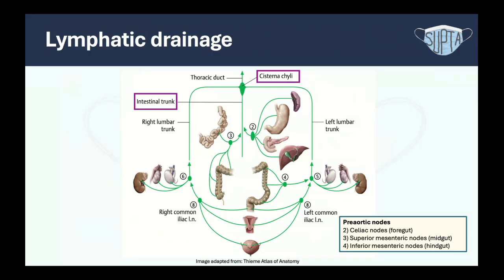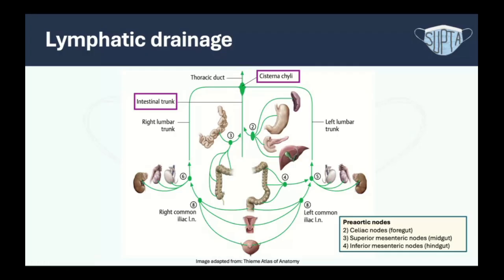Now let's look at lymphatic drainage. Because we divide the gut into foregut, midgut, and hindgut, this helps us to predict the lymphatic drainage. If we focus only on the large bowel, everything in the midgut will go into the superior mesenteric nodes, labeled as number 3 here. And for the hindgut, everything would drain into the inferior mesenteric nodes, labeled as number 4 here.